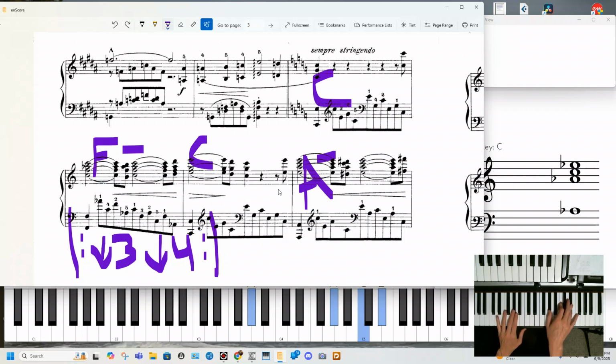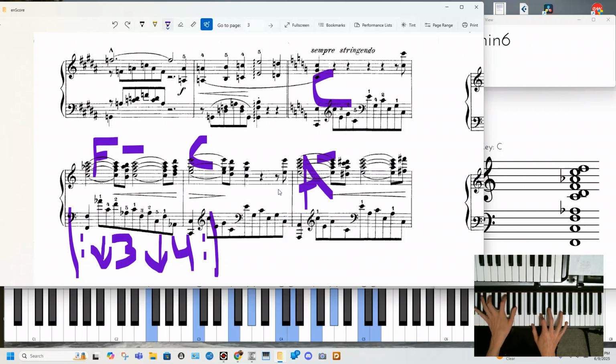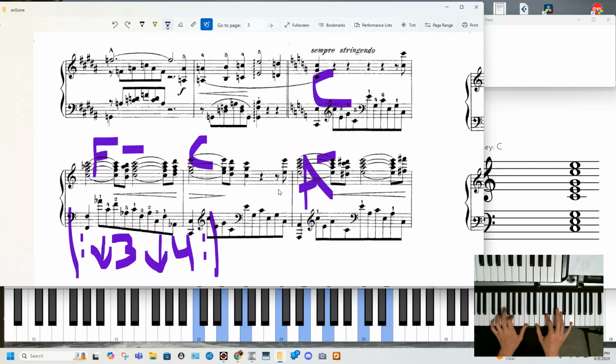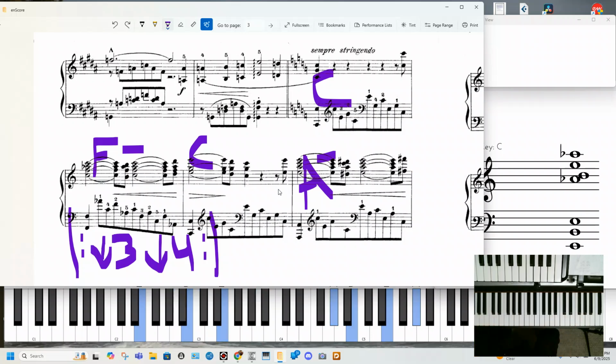Then A flat to F minor, F minor, add the sixth, back home, and you just decorate it.